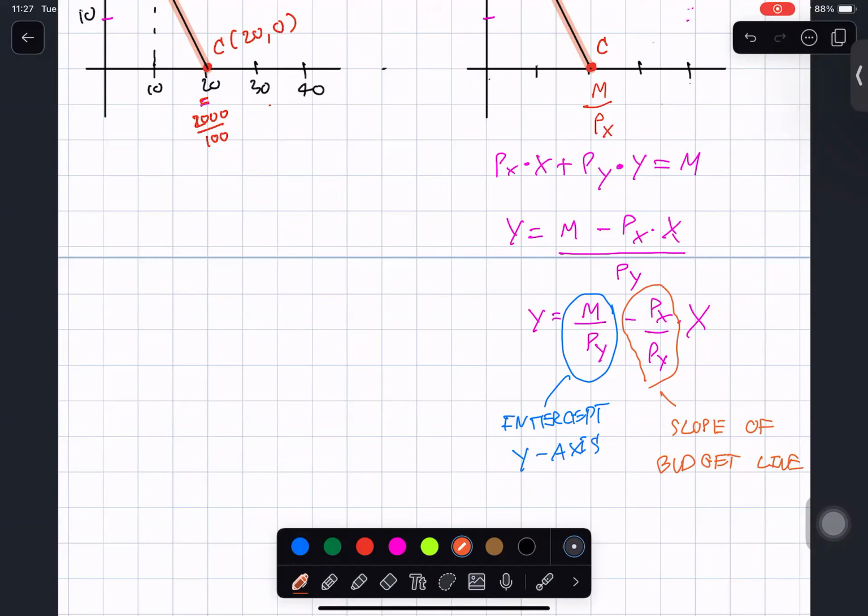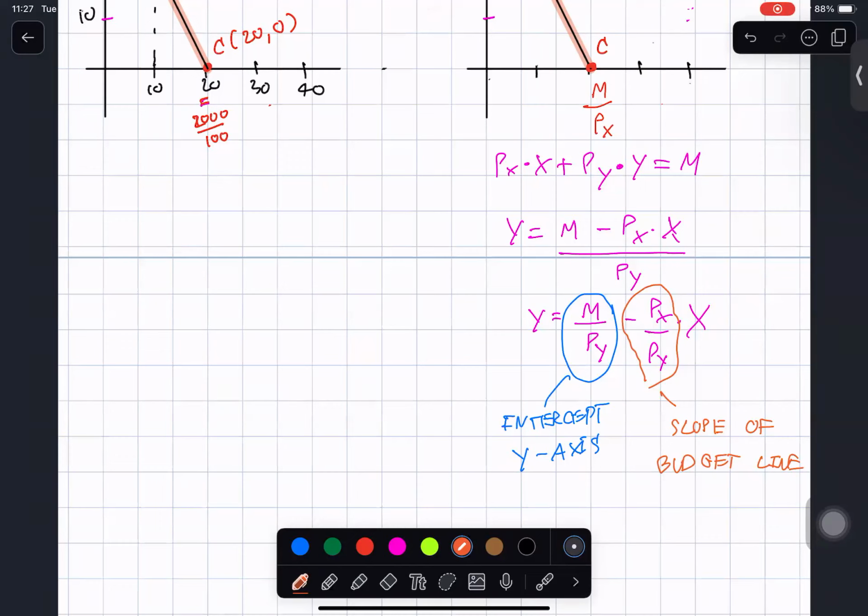Successfully, we obtain the budget line equation, สมการเส้นงบประมาณ, budget line equation in a nicer look than this. What we got from just a simple relationship here.